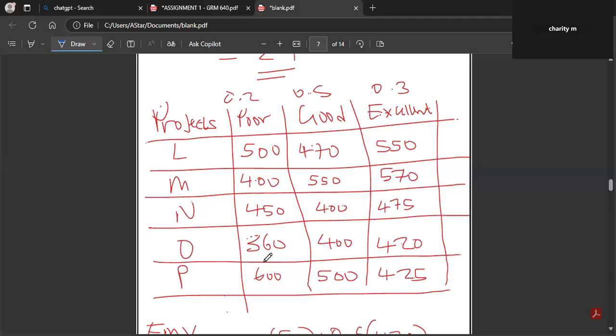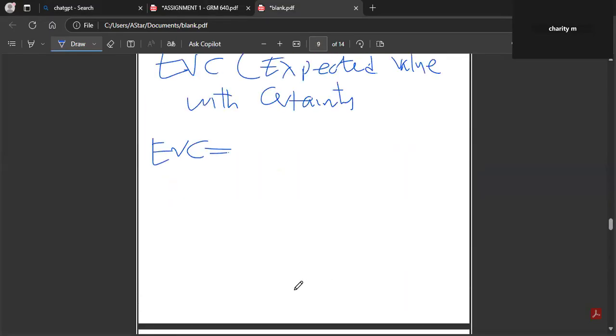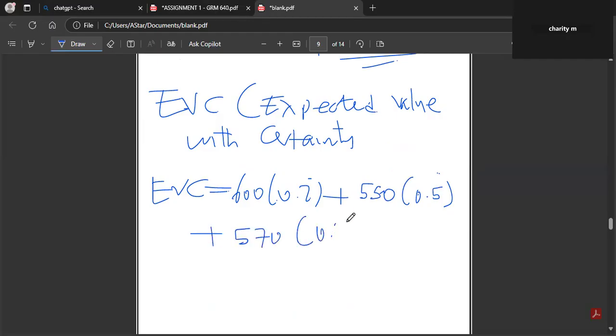So 600 you multiply by 0.2, then plus the other one, 550 by 0.5, then the other one, 570 by 0.3.